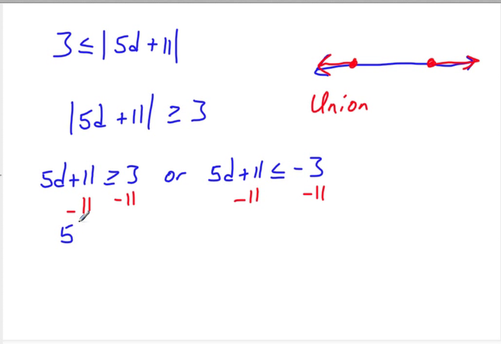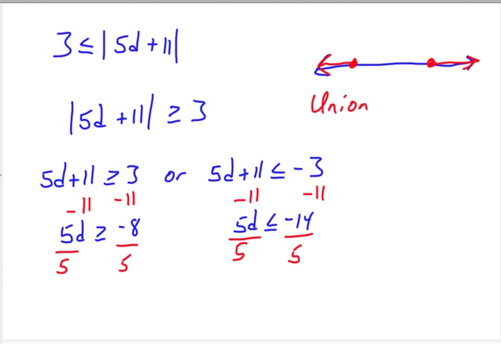Alright, so I would get 5d is greater than or equal to negative 8, and I would get 5d is less than or equal to negative 14. I would divide everything by 5, and we get d is greater than or equal to negative 8/5, or d is less than or equal to negative 14/5.